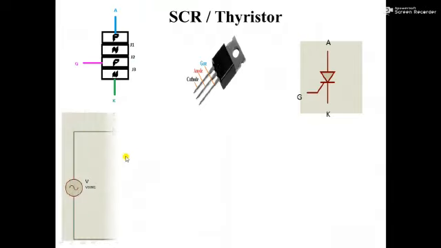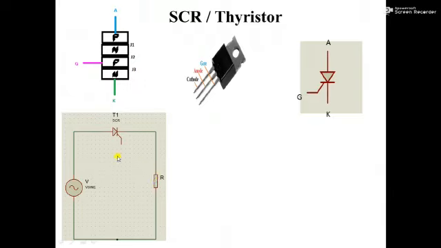Now in this simple circuit, we have connected a thyristor, or SCR, which is named T1. This is the AC supply source, and this is the load, which is simply a resistor. For simplicity, a resistor is taken as the load. So this is your simple circuit having an SCR.